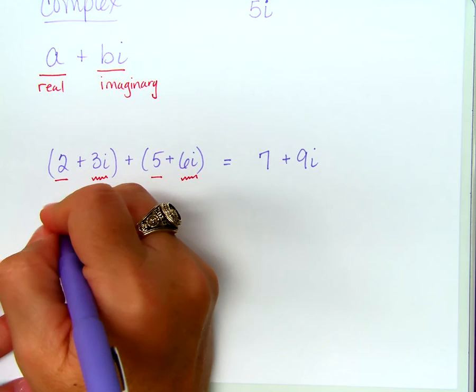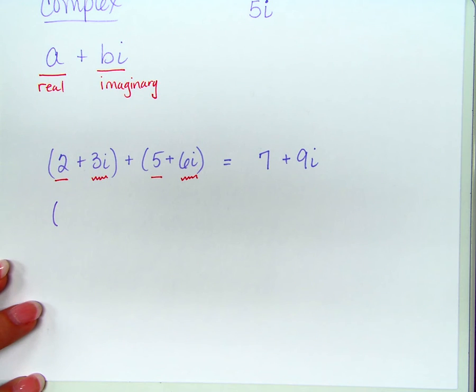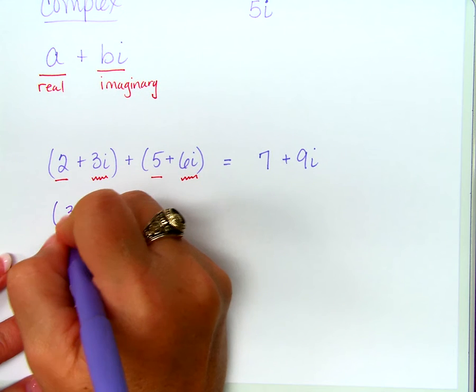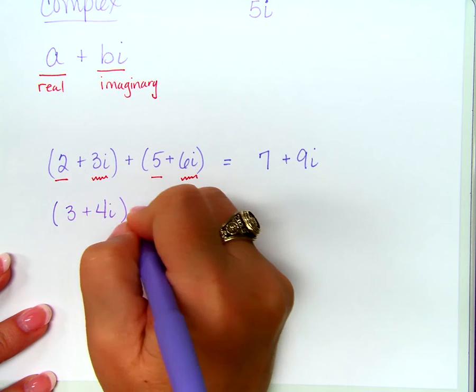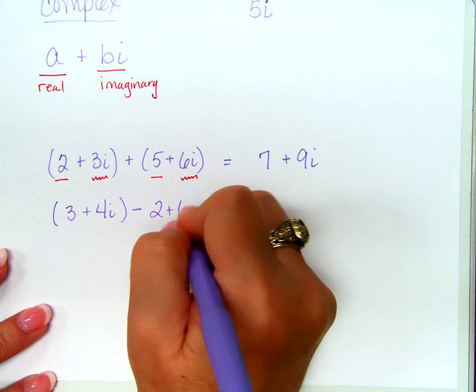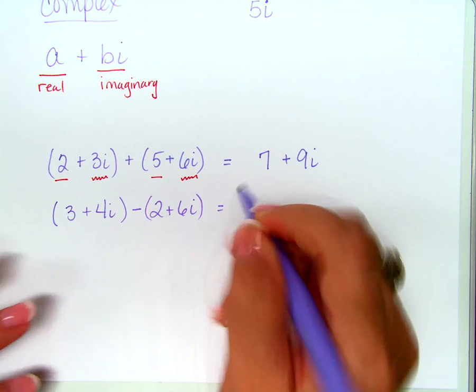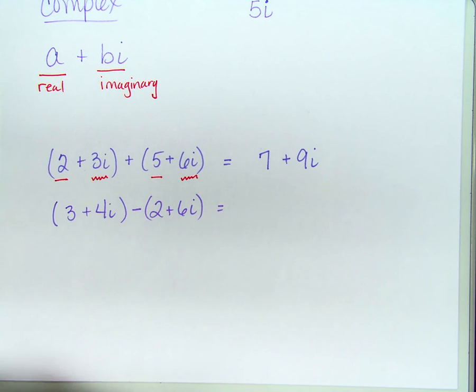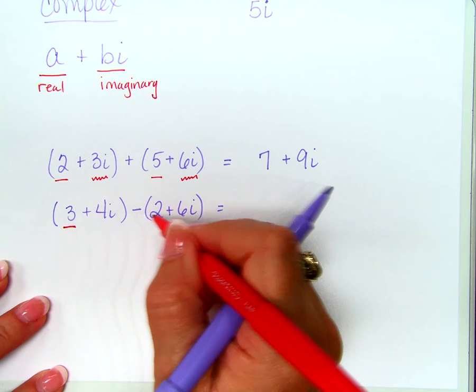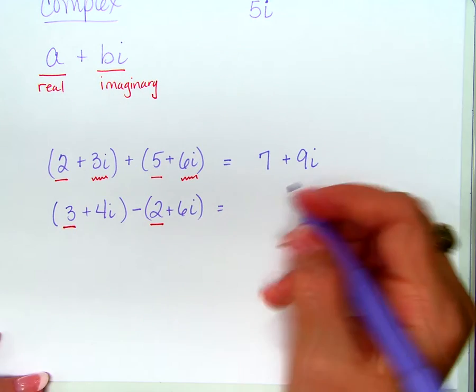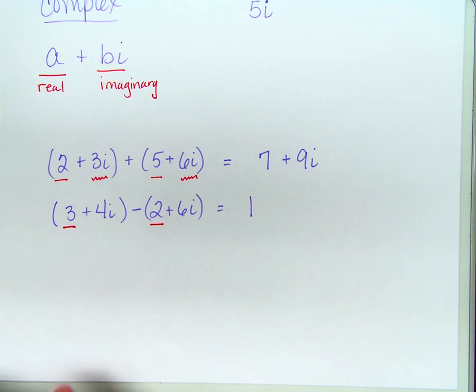Can you subtract them? Yes. 3 plus 4i minus 2 plus 6i. What parts can we subtract? The real parts. 3 minus 2. 1. Where are you going to mess up right here? The imaginary parts. Why are you going to mess up the imaginary parts?